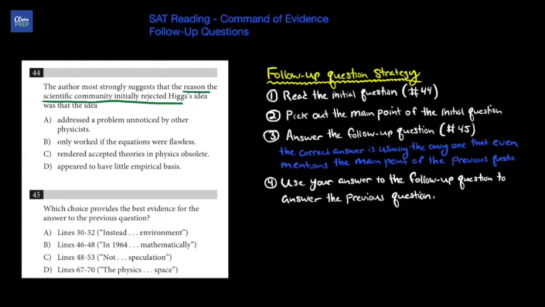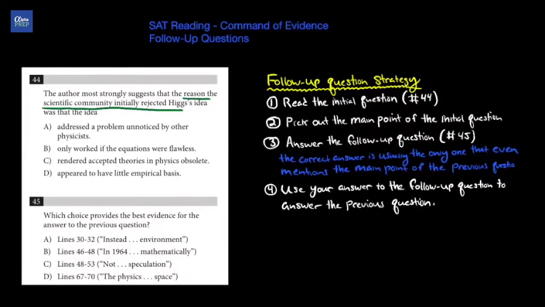And typically, the correct evidence is actually like the only quote from the passage that even mentions the main idea of the previous question. And so usually you can eliminate answer choices pretty quickly. So let's take a look. The first one is lines 30 to 32. And we're looking for, again, the reason the scientific community initially rejected Higgs' idea.